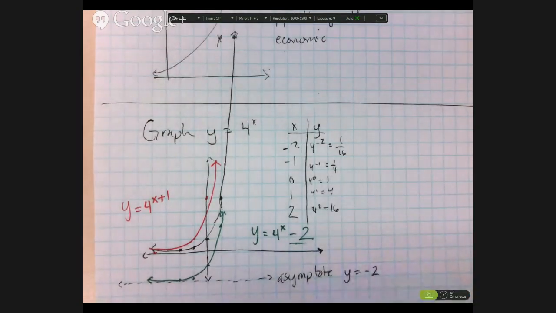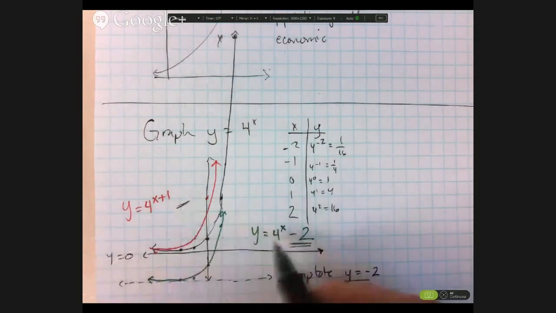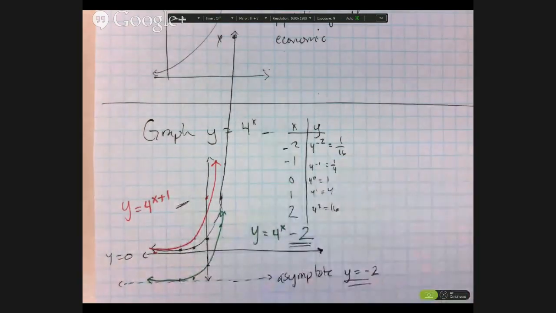And notice it's y equals -2. For these other ones, it's y equals 0 because there's nothing out here. Okay. So we have asymptotes. They get closer and closer and closer, but they never touch it. There's one other change you can make.